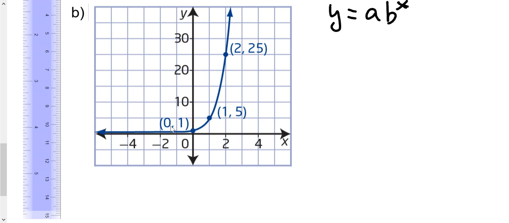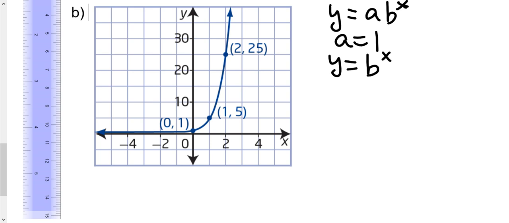If you look at the y-intercept, in this case, it is 1 again. So what does that mean? That means a in this case is 1. So the only thing we have to figure out is b. Alright, so now our formula is just y equals b^x.